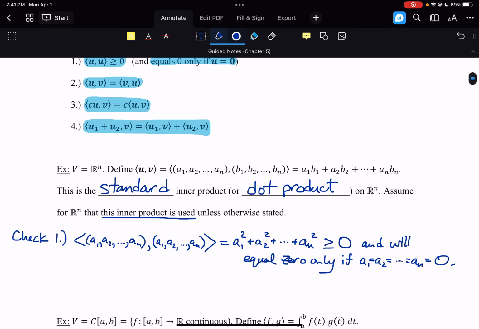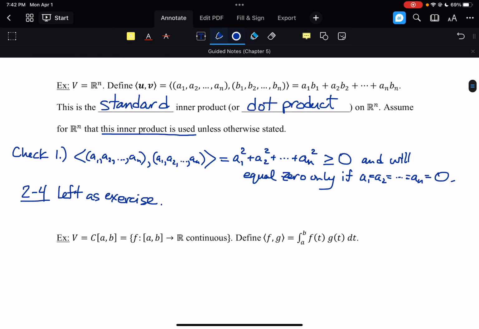The rest of these properties are properties of vectors that you've seen back in Calc 3. So 2 through 4 are left as an exercise. These proofs are of the same level as something that you would see in Calc 3. So you're more than welcome to give those a try, but you'll see that they work out very similarly.